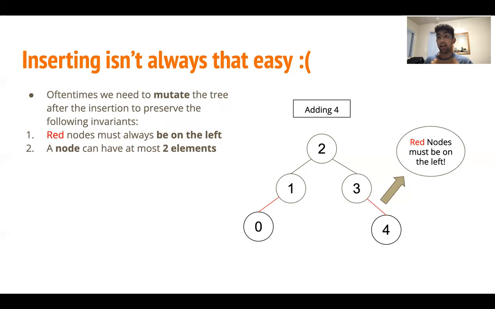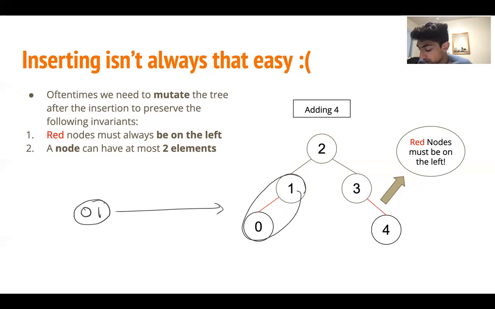Recall that an LLRB is just an easier way of coding a 2-3 tree. What I mean by that is in a 2-3 tree, if we have the node 0, 1, in the LLRB, it's represented like so, okay? So in an LLRB, we can't have a state where there's a node with 3 elements, because this isn't allowed in a 2-3 tree.